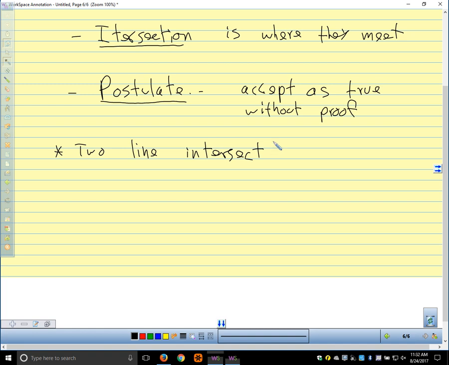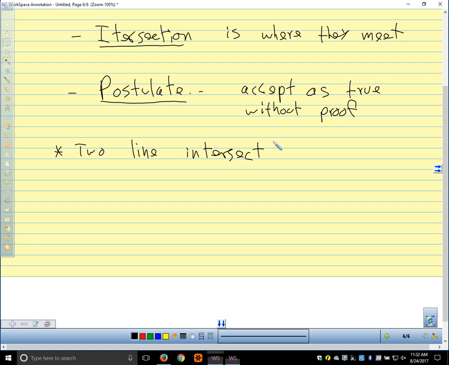Two infinitely thin, infinitely long things. They're going to intersect. They're going to meet. What are we going to guess that intersection is? What kind of thing would the intersection be? They're infinitely thin and they meet somewhere. Yeah? A point.